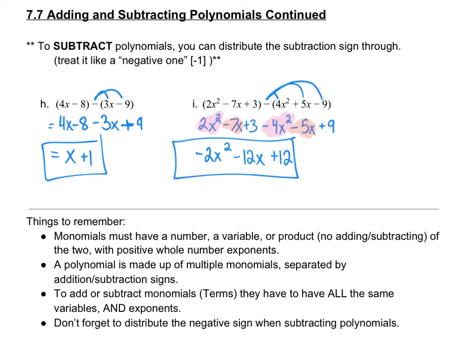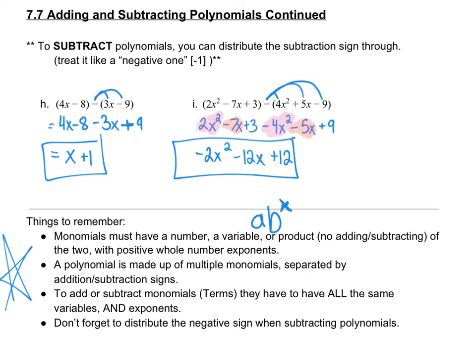All right, so here are a couple things to remember. I would star this and make sure that you have it there and always go back to look at it if you ever have any questions. All right, so remember a monomial, that's a single term, has a number, variable, or a product of the two with positive whole number exponents. So that would be like some coefficient a times some number b raised to the x power.